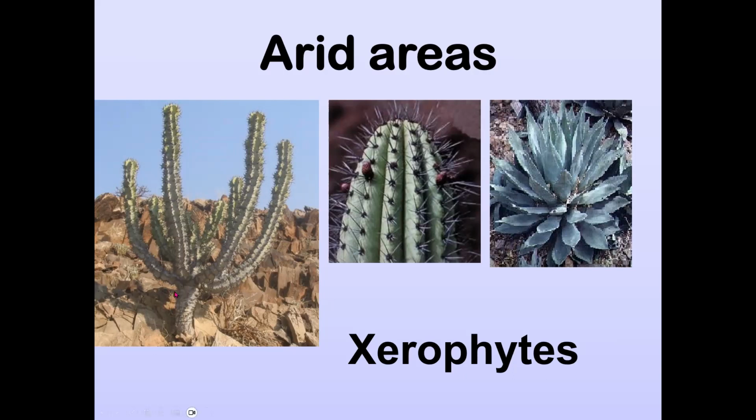So all these guys here have modified leaves which have gone into these spikes. They are very thick. They are very wet inside, but everything's waterproof. I don't know where these are from. I'd say somewhere in America, but could be in Asia.